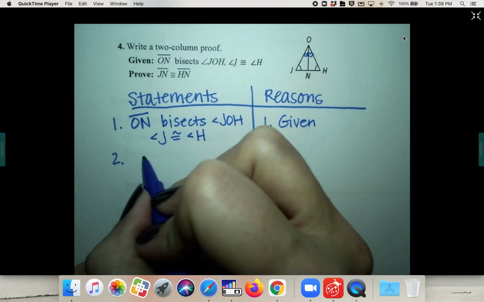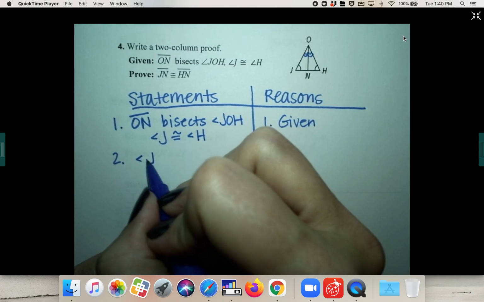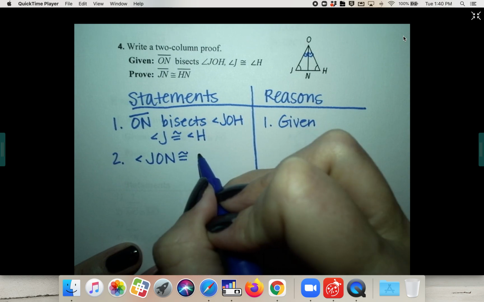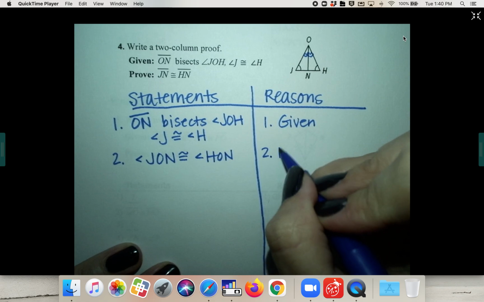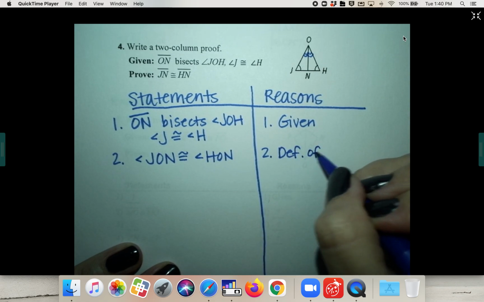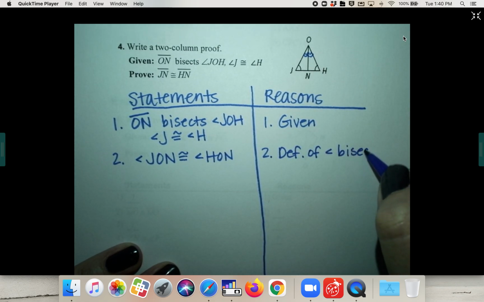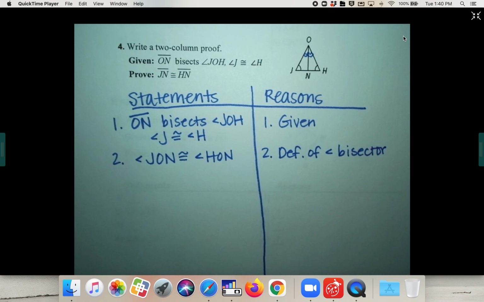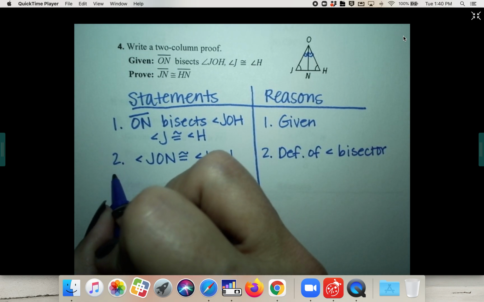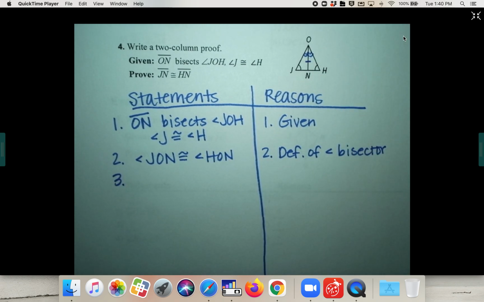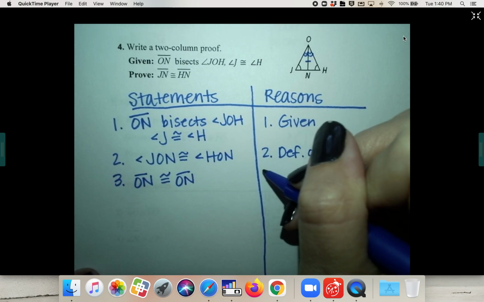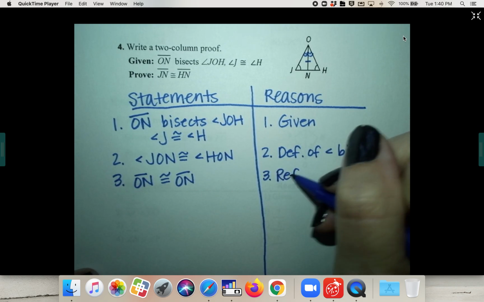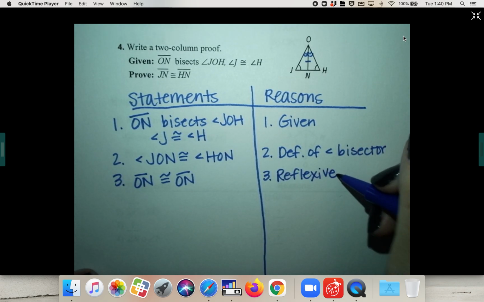So we're going to say angle JON is congruent to angle HON by definition of an angle bisector. All right, the next one would definitely be our reflexive segment here. So ON is congruent to itself because it's reflexive in both triangles.